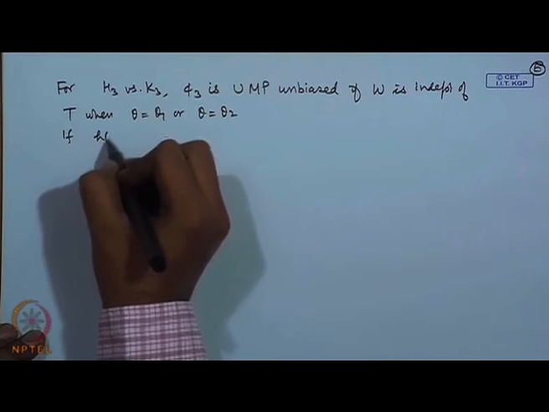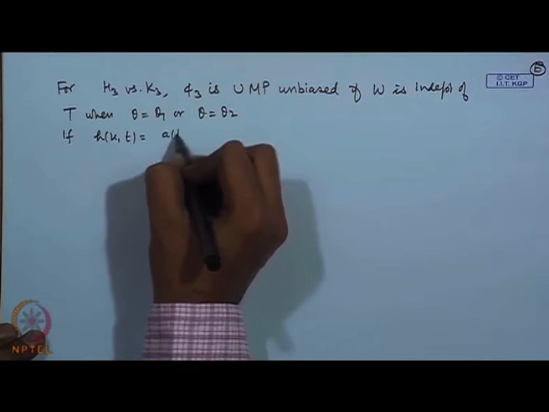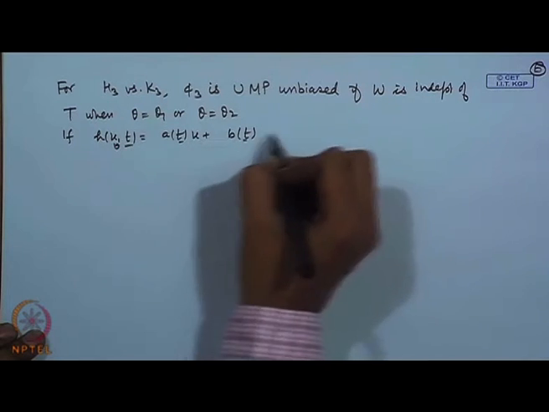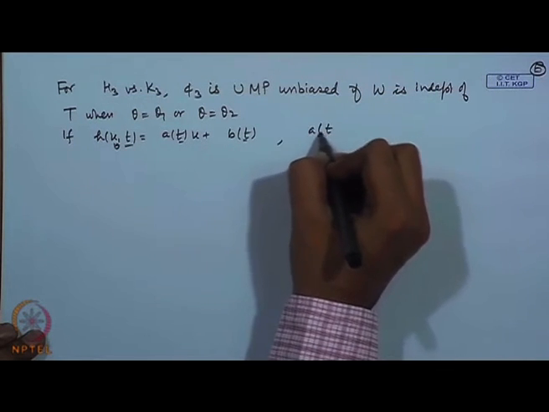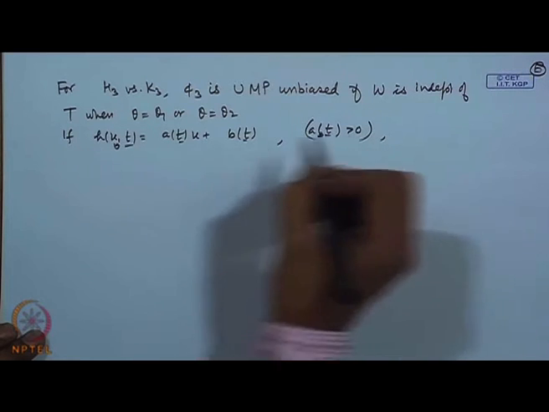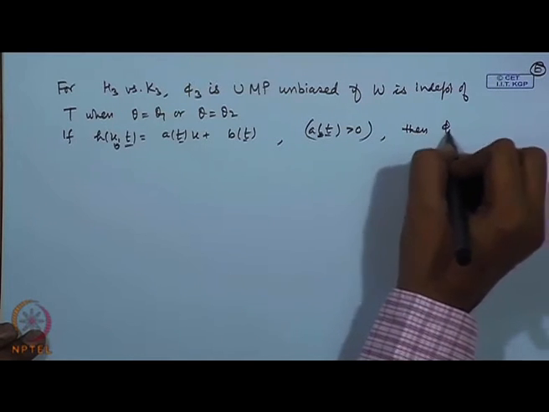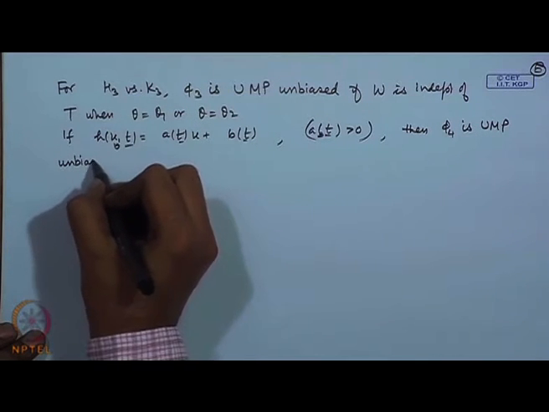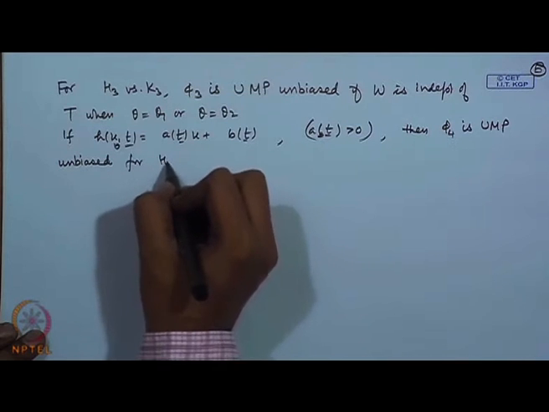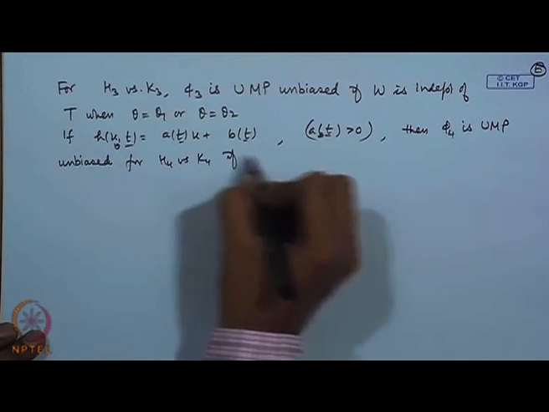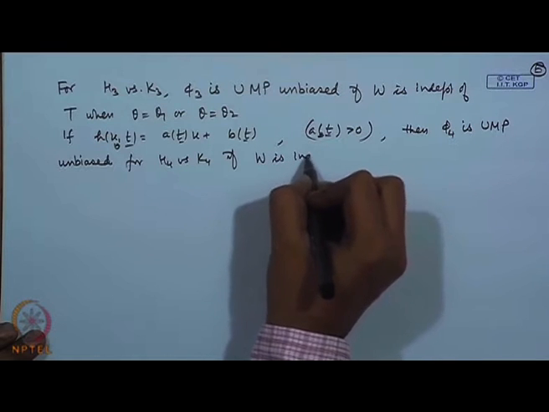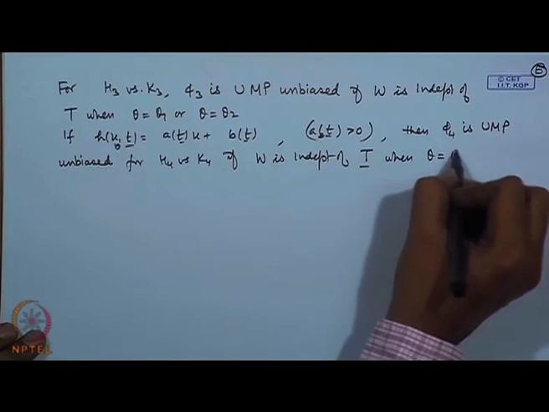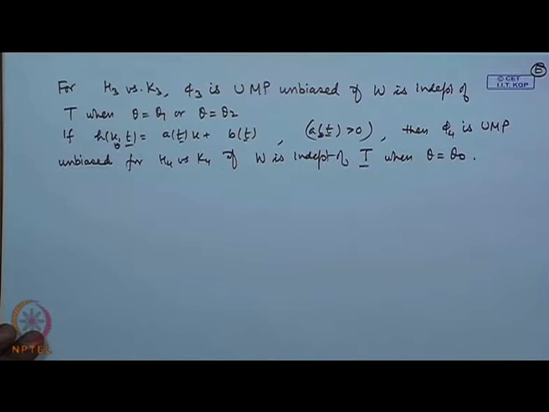If h of u, t is of the form a(t) times u plus b(t), where a(t) is positive, then phi 4 is UMP unbiased for H4 versus K4 if W is independent of t when theta is equal to theta naught.